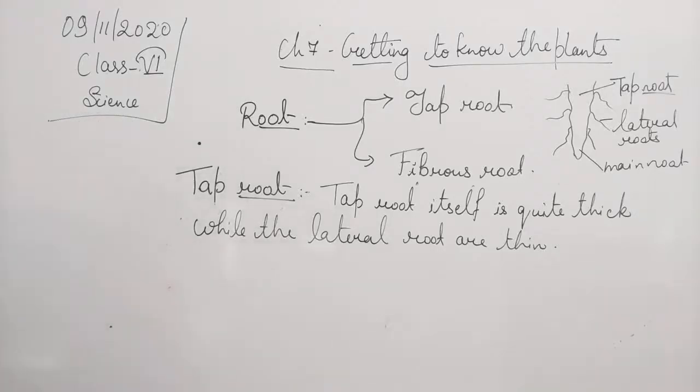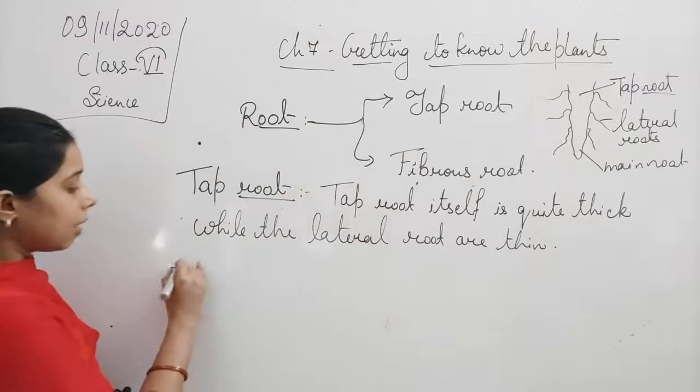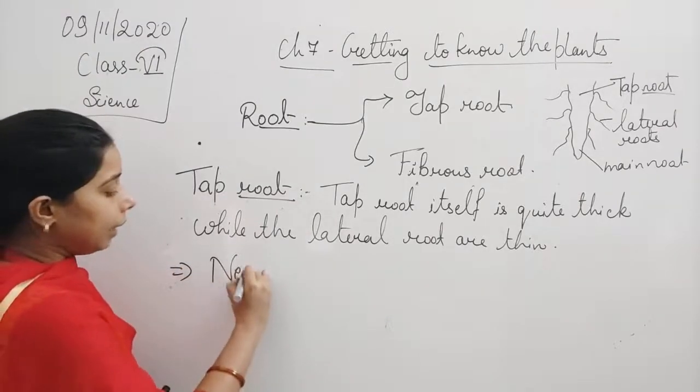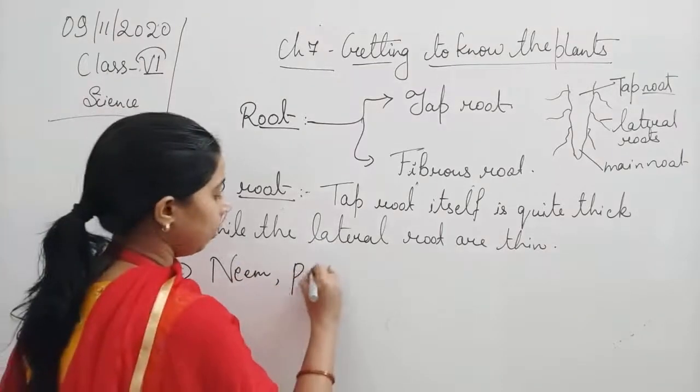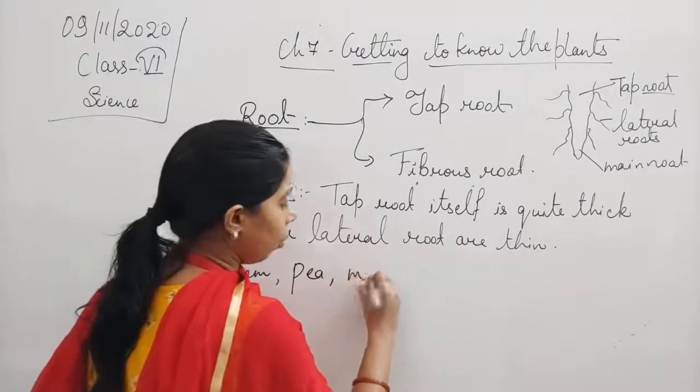Okay, what are the different examples, student, of those who possess the taproot? So you see neem is there, the neem tree, or the pea plant is there, pea, marigold is there.